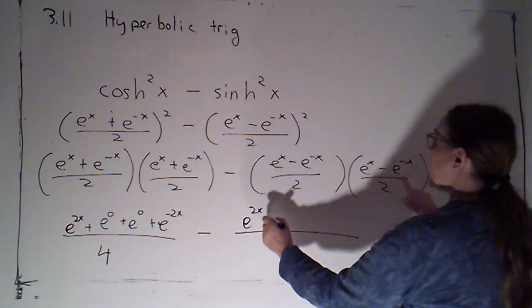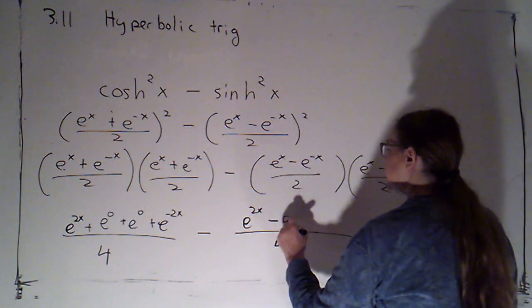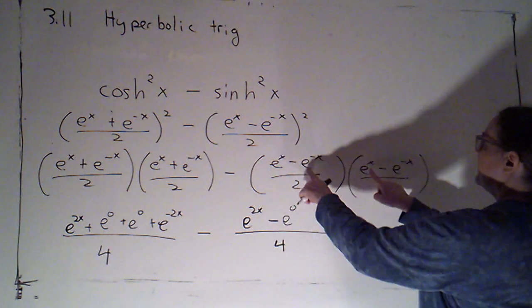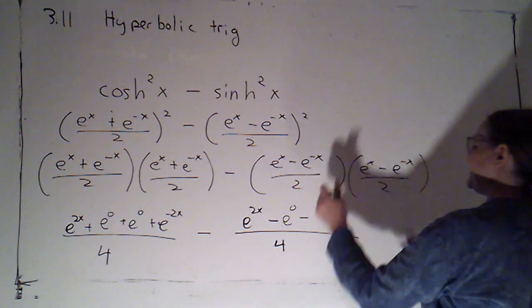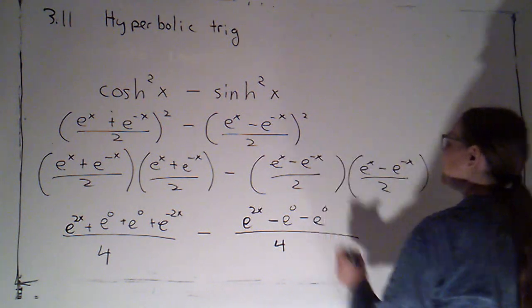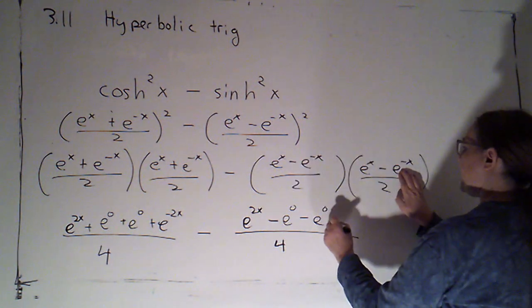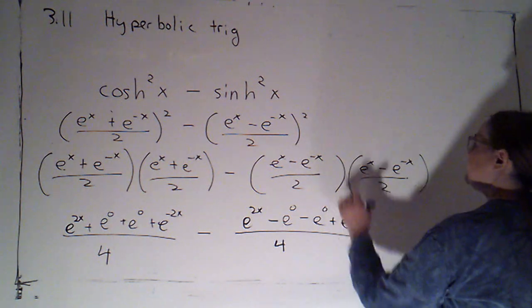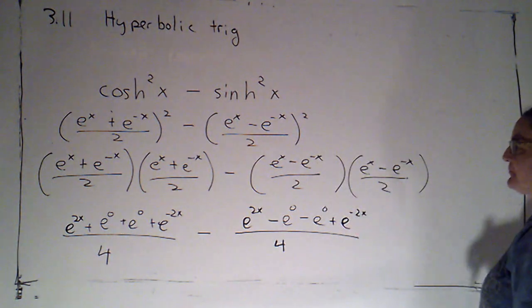Outsides are going to give me a minus e to the x plus negative x, which is e to the 0. Insides are going to give me another negative copy of e to the negative x plus x. That's another negative copy of e to the 0. And last terms, a negative times a negative will become a positive. e to the negative x plus negative x is negative 2x.